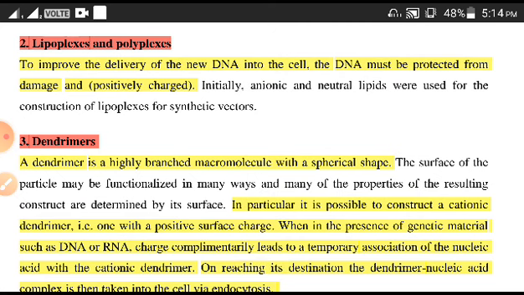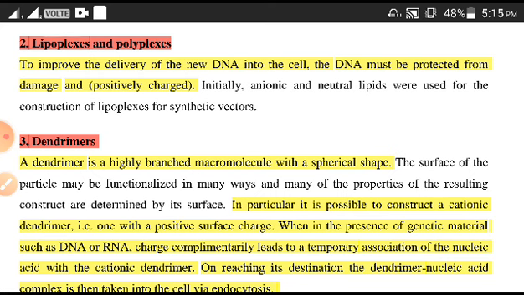Next is the lipoplexes and polyplexes. To improve the delivery of the new DNA into the cell, the DNA must be protected from damage. So these are the synthetic chemicals which are used to protect the DNA, because this is something you have genetically engineered, and you have the DNA which you are going to insert into that particular gene or even DNA where you want to replace that particular gene.